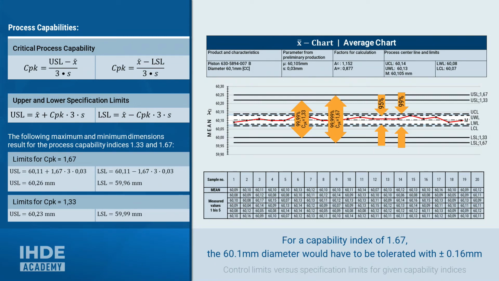With a process capability of 1.33, all values are to be expected within the specification limits with a probability of 99.99%. With a process capability of 1.67, this is 99.999%.